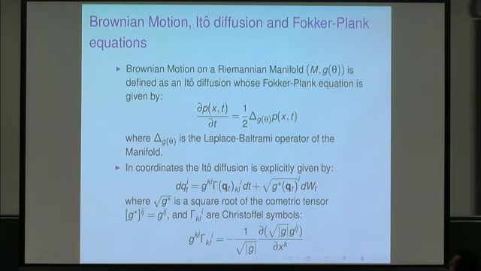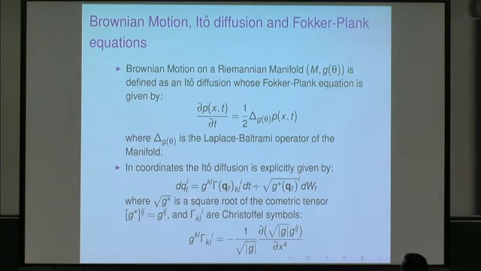And since we have the Laplace-Beltrami operator in coordinates explicitly, one can rather straightforwardly show that in coordinates, if you have an Ito diffusion given by a drift that depends on the contraction of the Christoffel symbols with respect to the inverse metric tensor, and the square root of the co-metric, this diffusion process will have exactly its Fokker-Planck equation given by the Laplace-Beltrami operator.